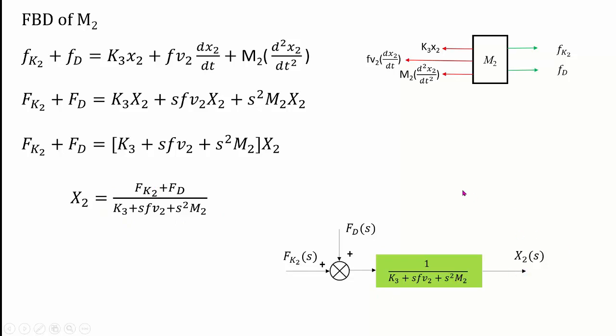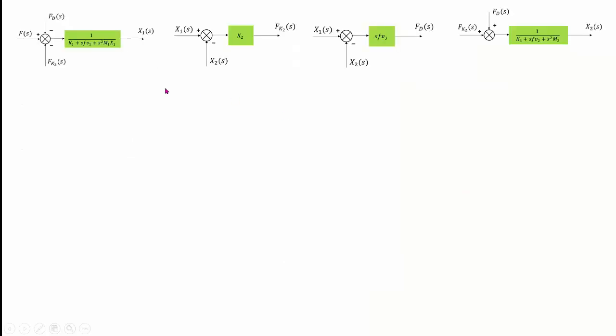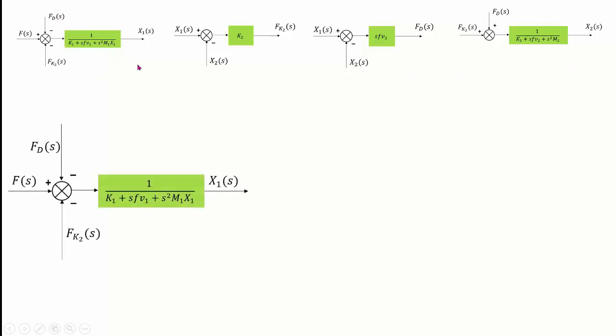Now again, connecting all the blocks that we obtained to get the final representation. This was obtained from the first, second, third, and fourth expressions. If you connect all these blocks, this block is shown here, and we connect this to this particular block.